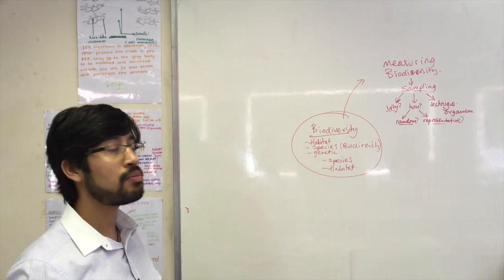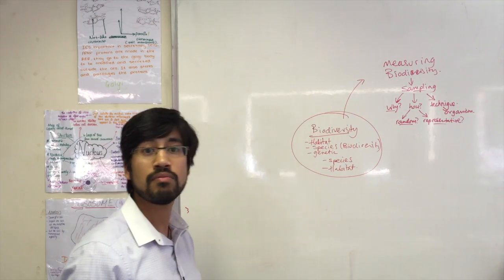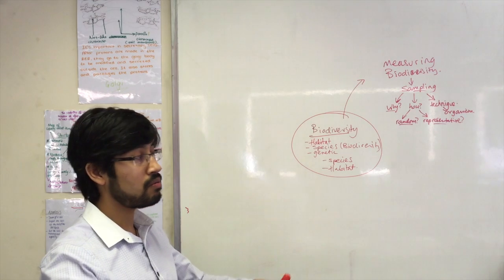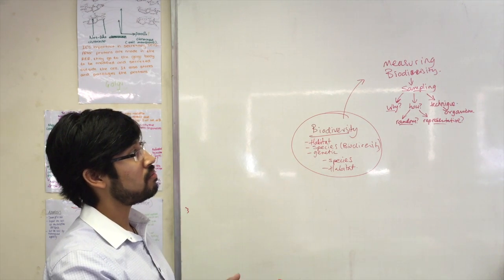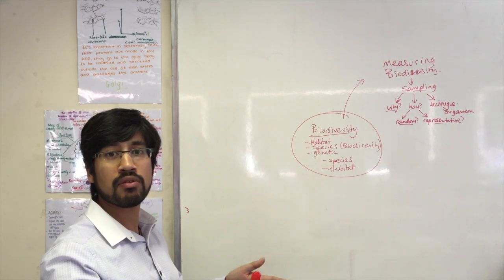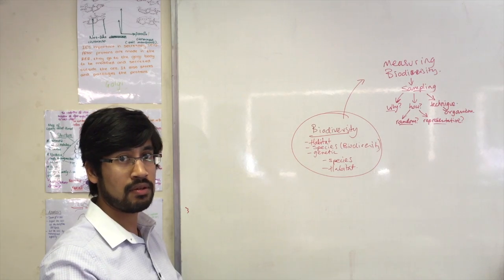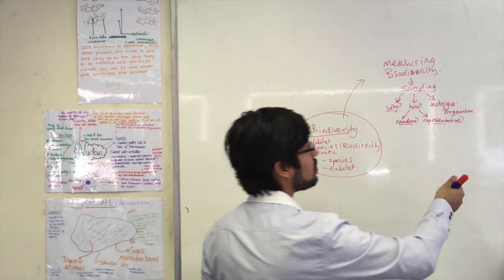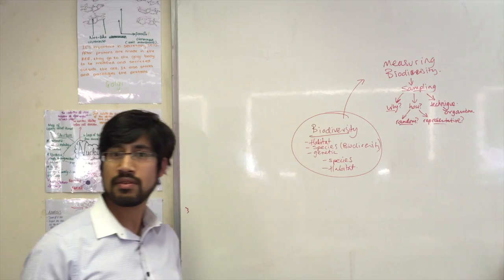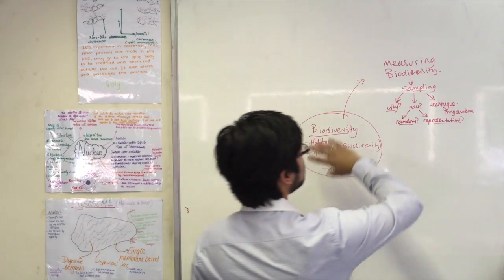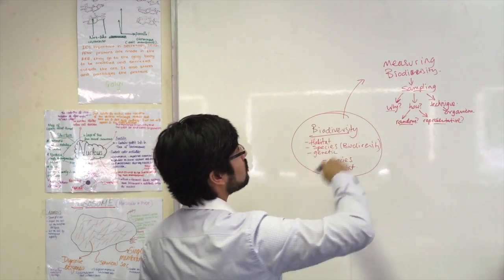Yeah? So if you're sampling plants, you're going to be using quadrats or the needle point frame. Yeah? But if you're sampling animals, you'll have to use different techniques. Okay? So essentially that's the whole of the sampling.